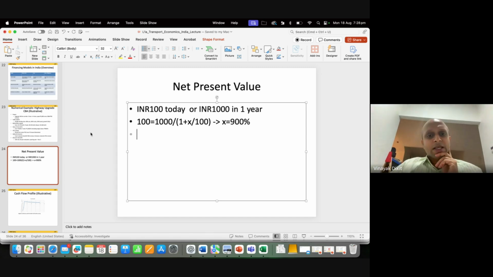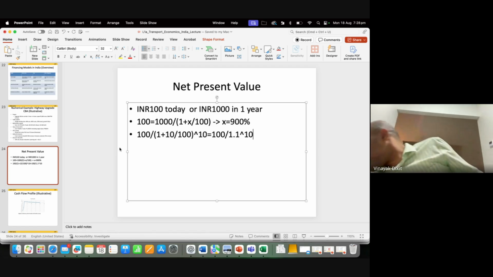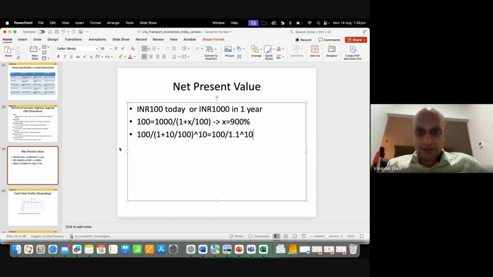But what you're doing is basically saying, let's say in 10 years, how much will this 100 rupees be worth? So that'll be 1 plus 10 by 100, because I've got a 10 raised to power 10. So that is equal to 100 divided by 1.1 raised to power 10. I can do a quick analysis.